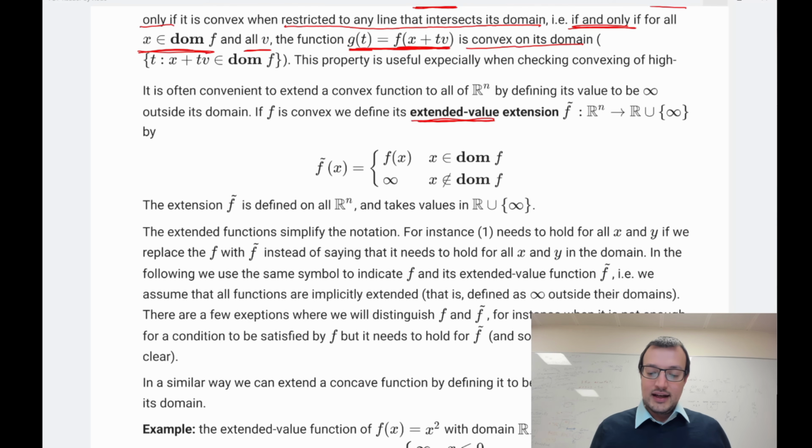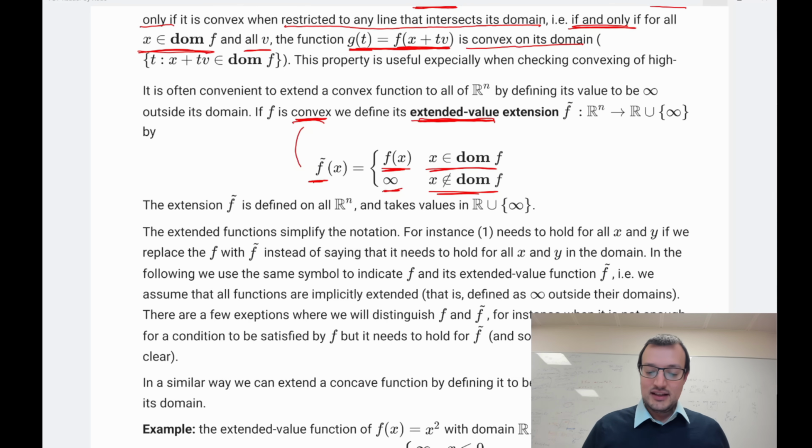A way to avoid that is by using extended value functions, which says that f tilde is the extended value extension of f if it's equal to f of x on the domain, and infinity outside the domain. Maybe I didn't point out that this definition makes sense only for convex functions.